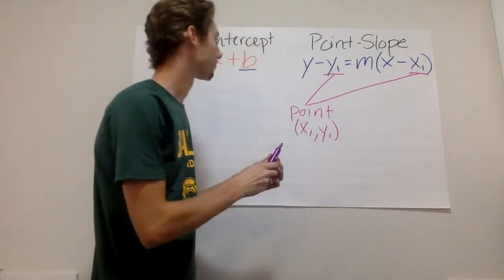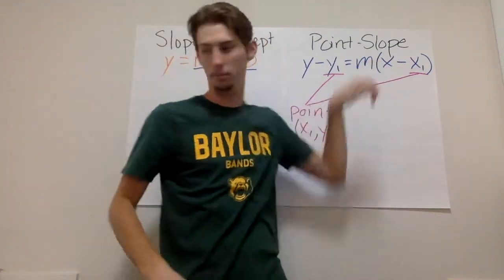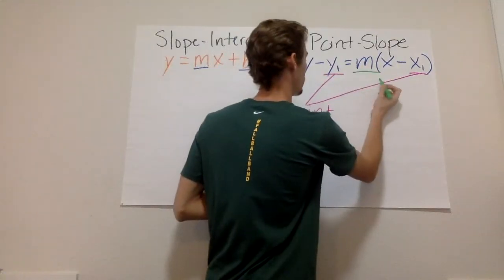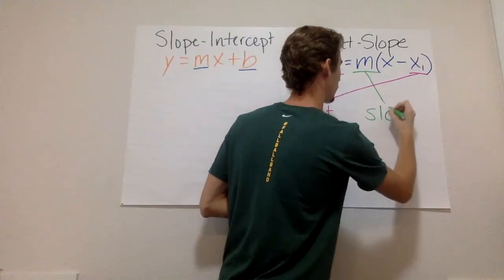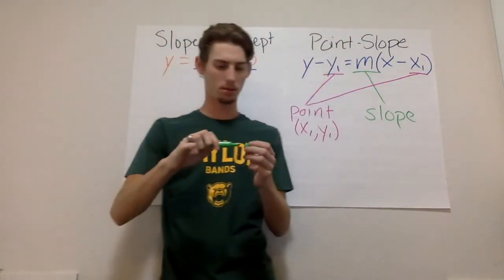Now, let's look at some of the other parts. We have m. We're used to m, right? This still represents slope. That doesn't change.